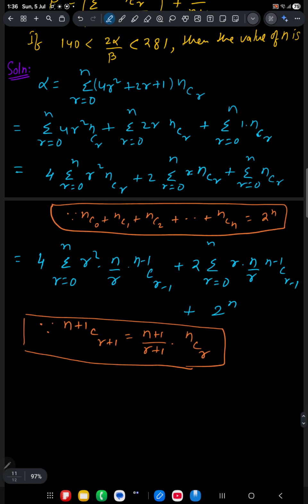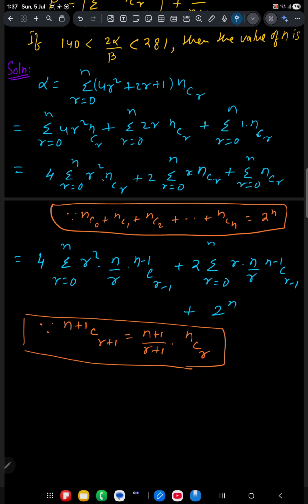Okay, this formula you also know, which is commonly used for combinations. So in our case, we have nCr, so I have changed nCr to this n by r into (n minus 1)C(r minus 1). How? When (n plus 1)C(r plus 1) is there, so this divided by this here, and n plus 1 becomes 1 less, that is n, r plus 1 becomes 1 less, r, nCr.